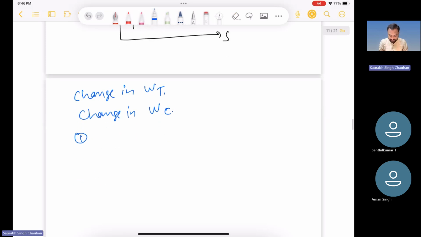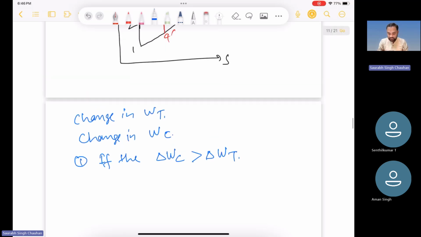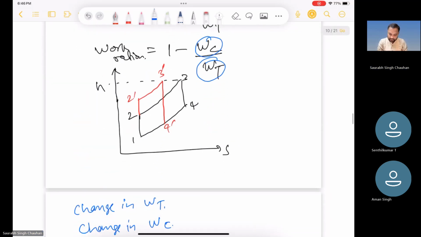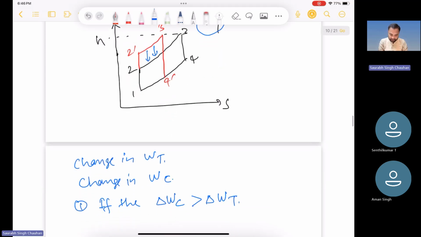So we will have two cases. Number one, if the change in compression work is more than change in turbine work, then what will happen when we are reducing the pressure ratio? While reducing the pressure ratio, we have to check two things, change in turbine work and change in compression work.